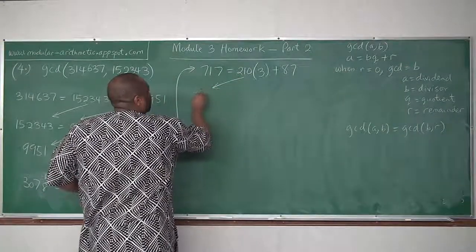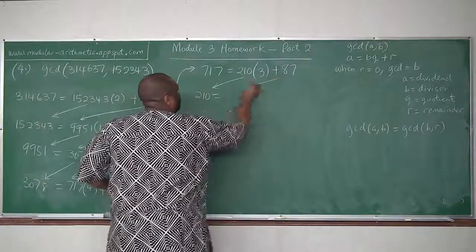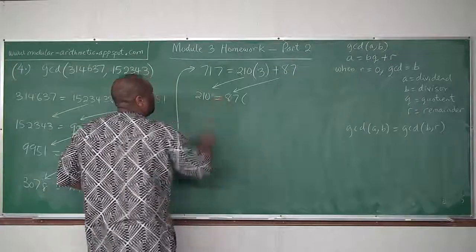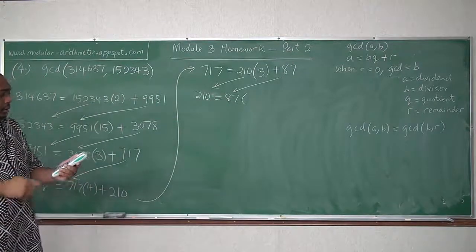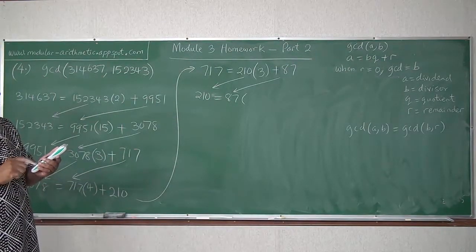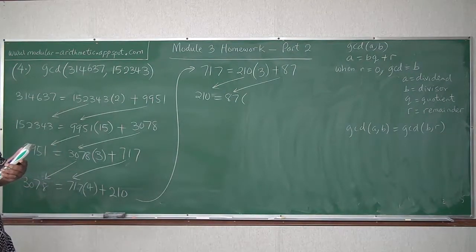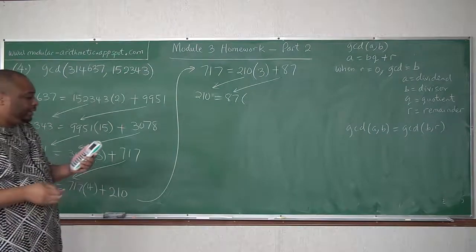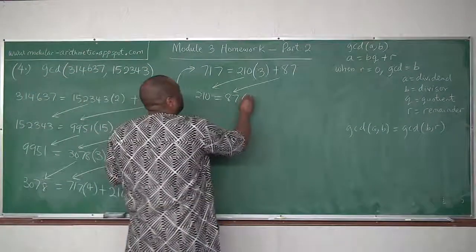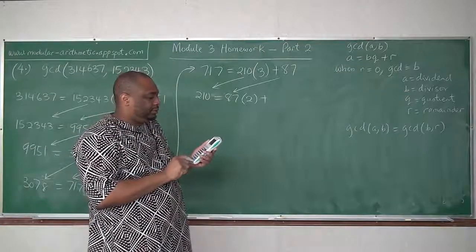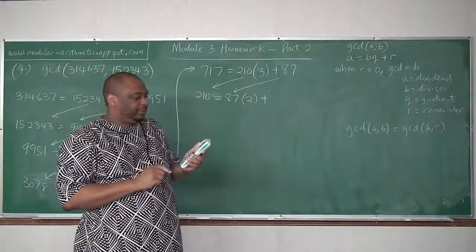Now we do 210 is equal to 87 times what? We do 210 divided by 87, which gives us 2.413793103. We take the integer part 2, then 87 times 2 is 174.